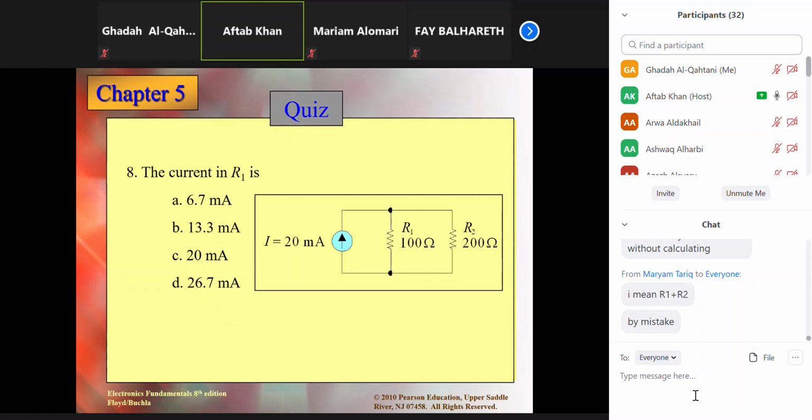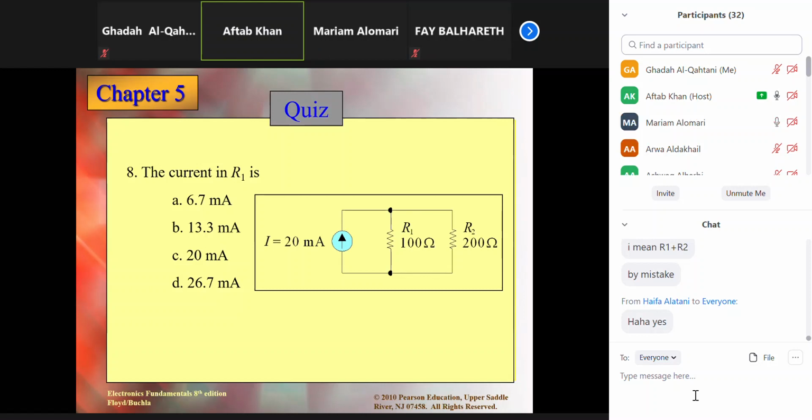All right, so what is this, Fatima? In this case, you can know it without calculating. Which case are you saying, Fatima? B. Any case maybe you are thinking? Okay, so everyone, I think, applied the current divider formula here.